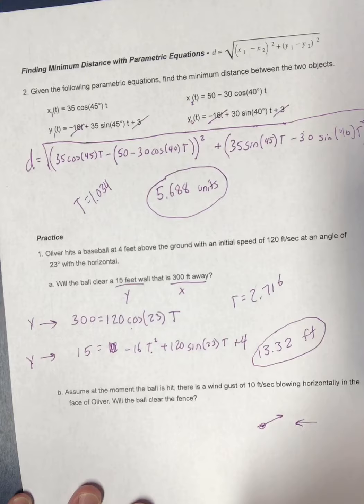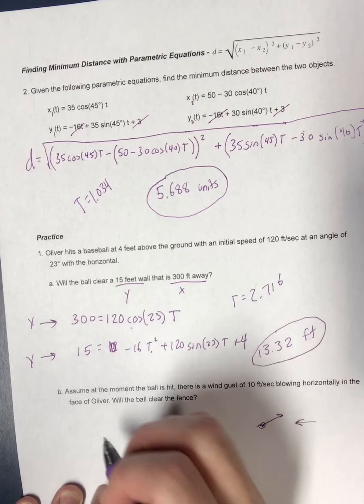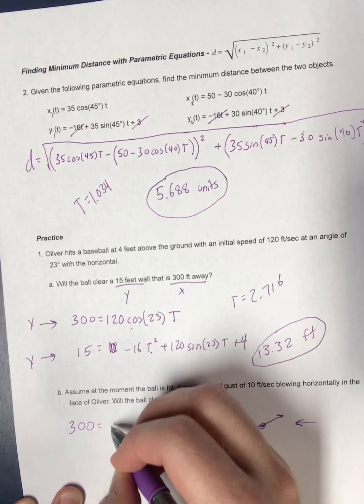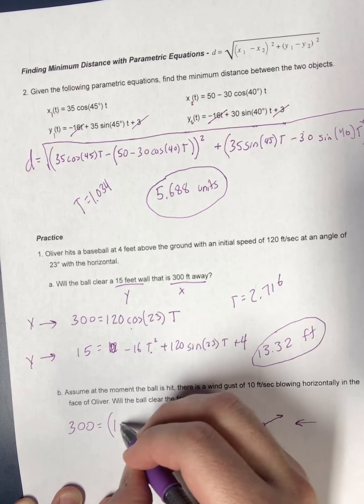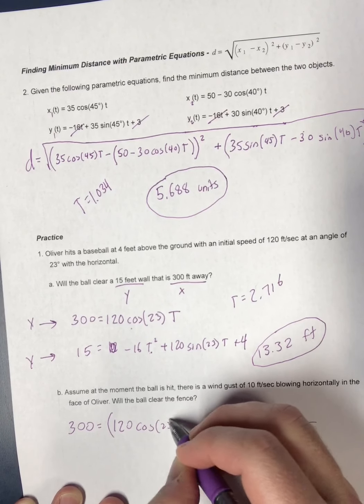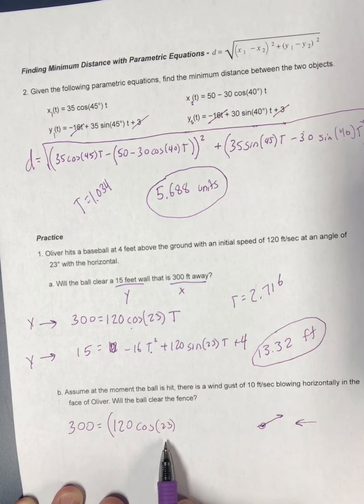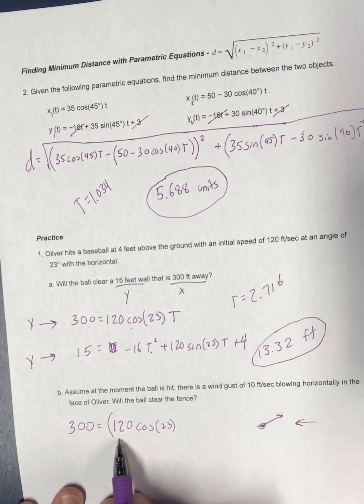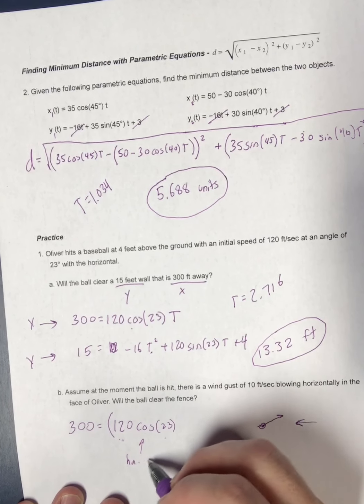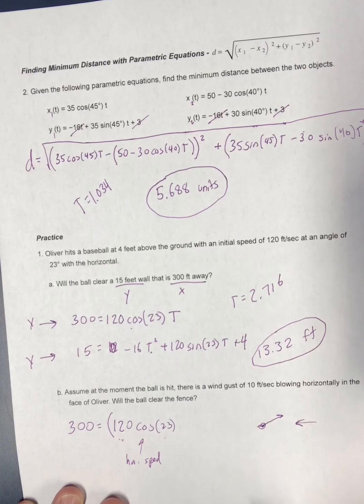So the equation is going to be 300 again equals, and this is where it gets a little complicated. It starts off the same, 120 cosine 23. However, this right here is the horizontal speed of the baseball.